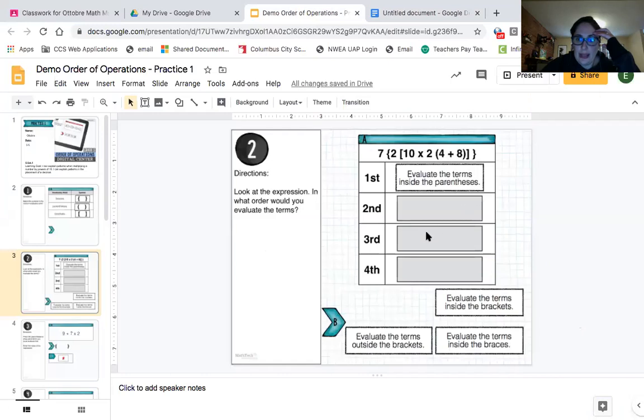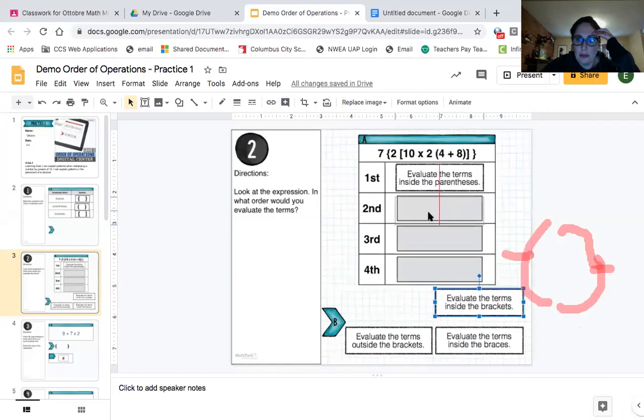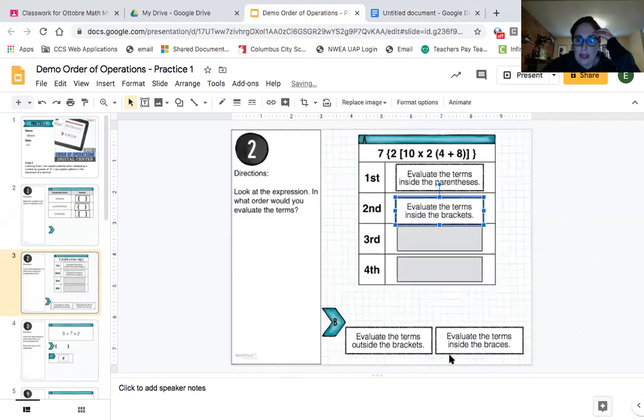And then the next thing you would do is evaluate the terms inside the brackets. Maybe I have brackets and braces backwards, but I don't know.